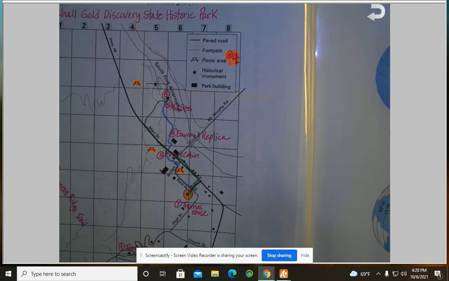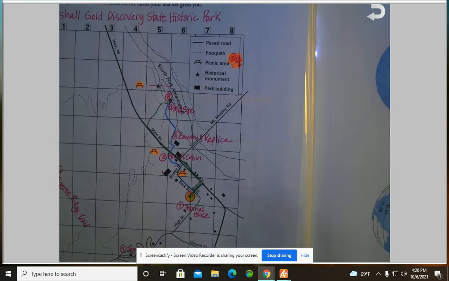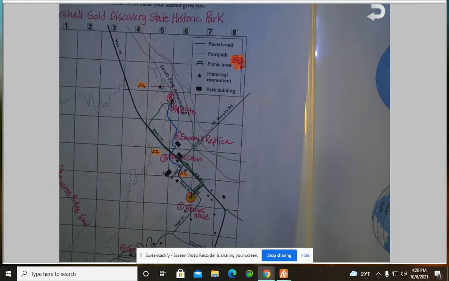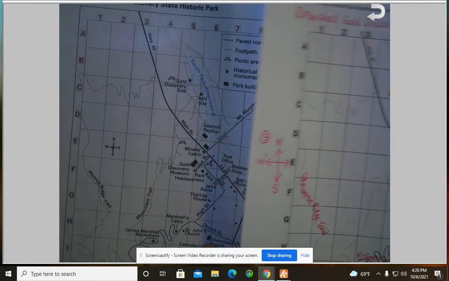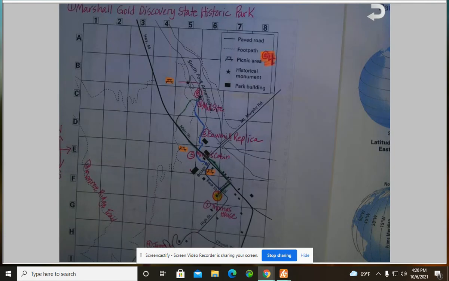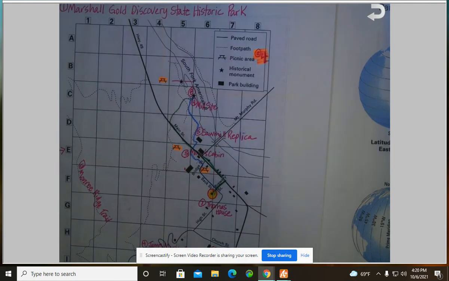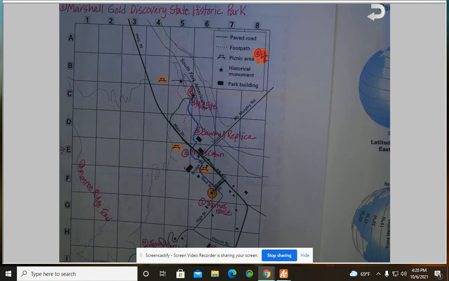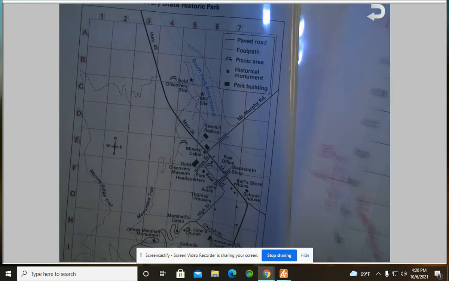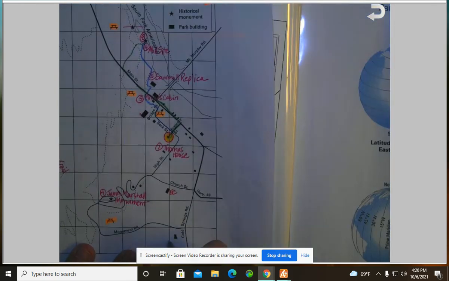Number 9, what direction is Emmanuel Church from the old Coloma Theater? And then write the direction near the church. So we need to find Emmanuel Church, which is this building right here. So Emmanuel Church, put there. From the old Coloma Theater. So we need to find the theater, which is down here. So let's put theater.